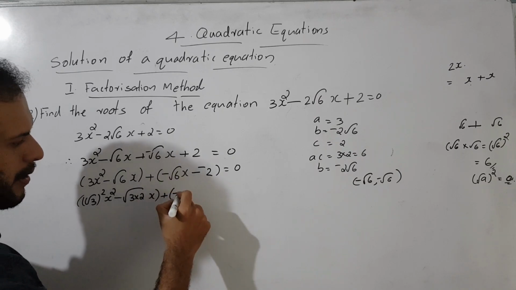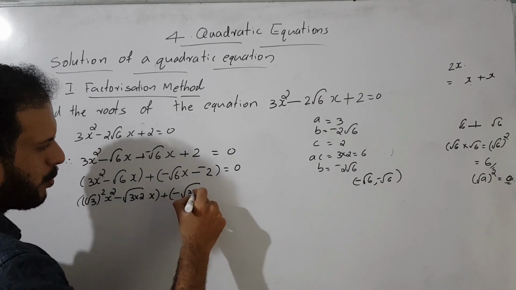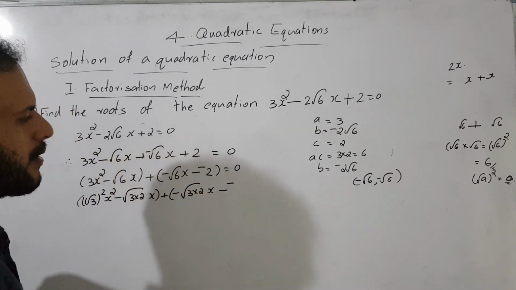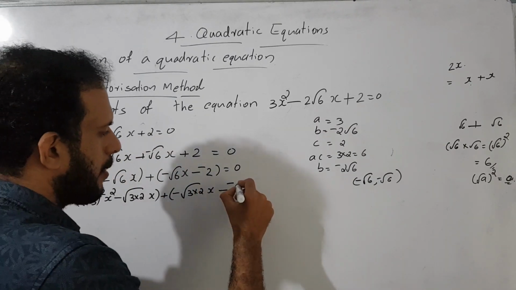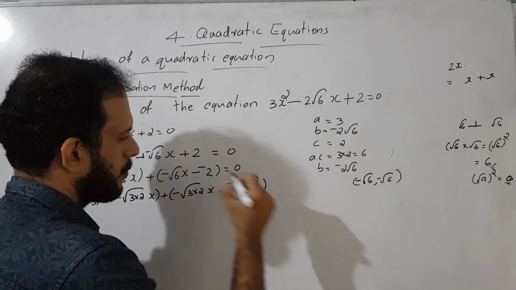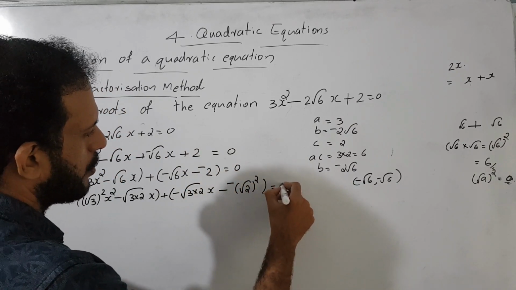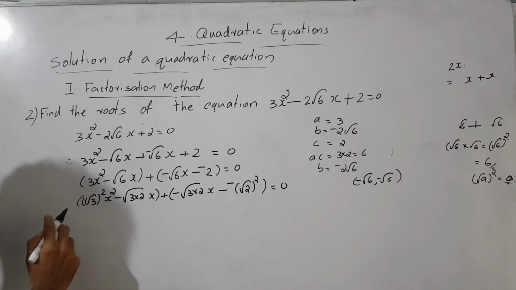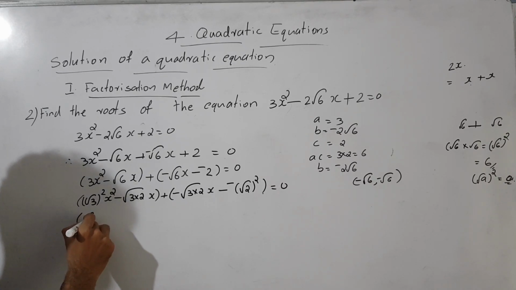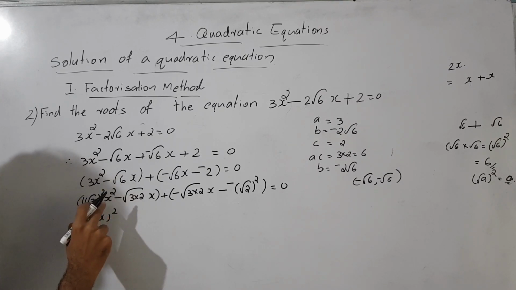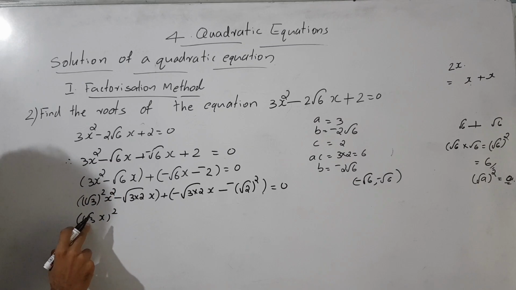Here √6 we write as into 2x minus 2. How do we write the 2? 2 as the product of the square of √2. Okay, is equal to 0. The next, how to write? We are writing this one like this: √3x whole square. That is, a raised to m into b raised to m is equal to a into b whole raised to m.